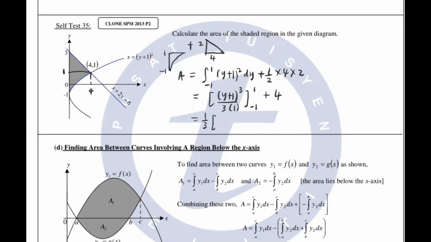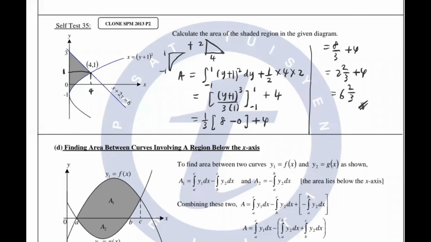Now when you sub 1 inside, 1 plus 1 is 2. 2 power 3 is 8. When you put negative 1 inside, you get 0. So you get 8 over 3 plus 4. 8 over 3 is 2, 2 over 3. When you plus 4, you get 6, 2 over 3.